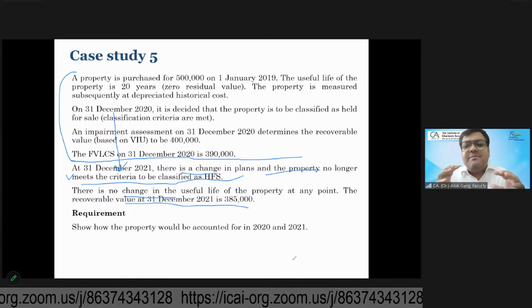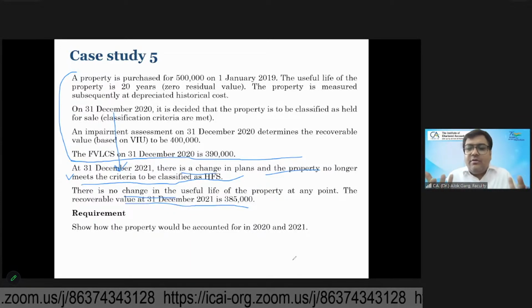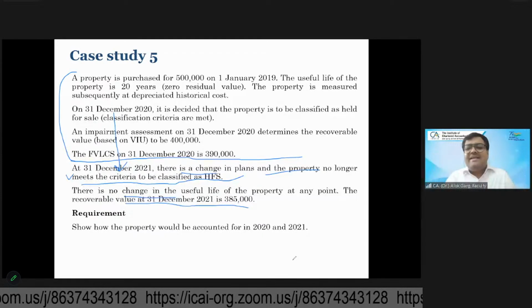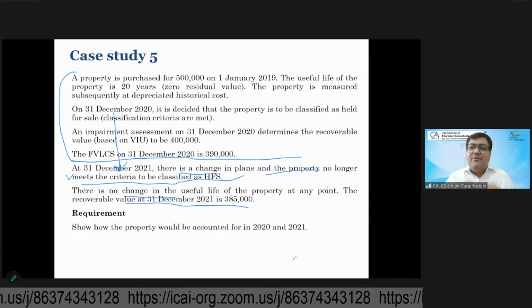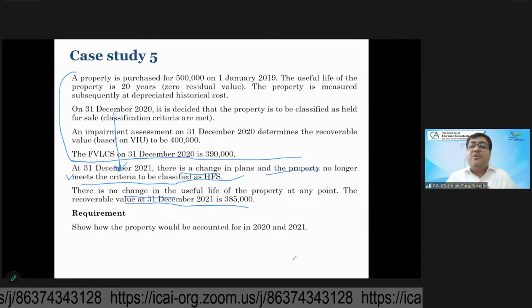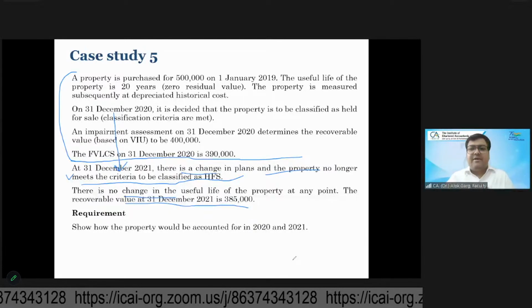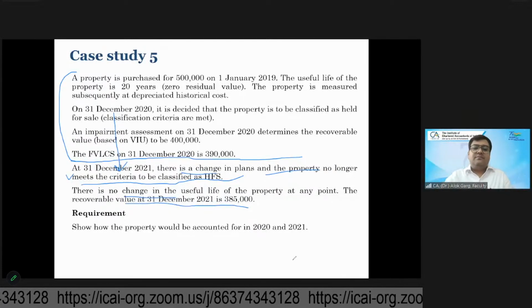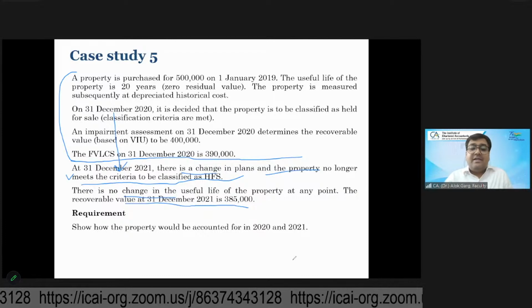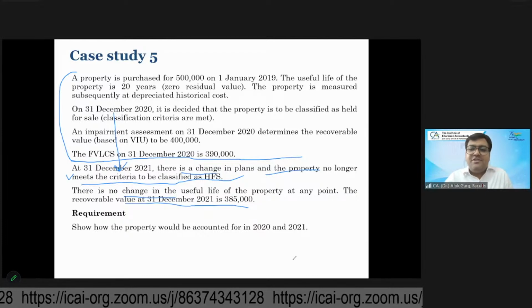So how does it matter? Even though you will not classify the asset as held for sale, if you are only doing the property, plant, and equipment accounting, will you check the impairment or will you not check the impairment? Tell me, the impairment assessment is only a 105 item?